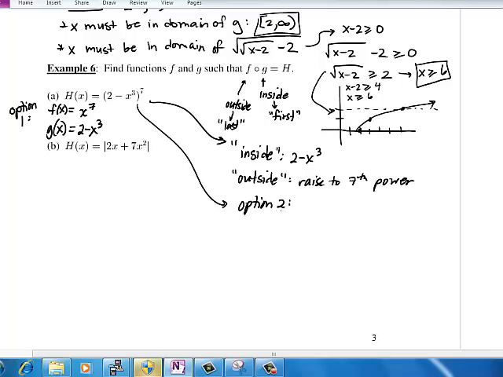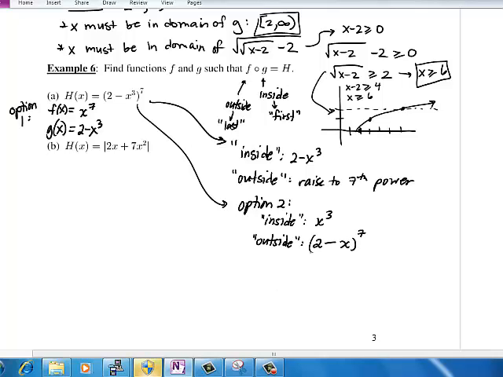Option 2, we could have maybe the first function just is x cubed. And then it'll look more complicated, but if x cubed is the thing that happens first, the outside we would take 2 minus that input and raise it to the 7th.